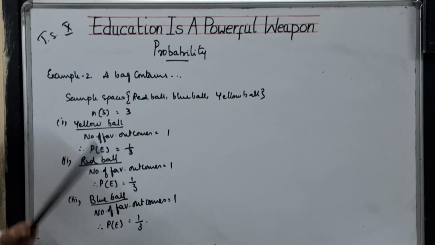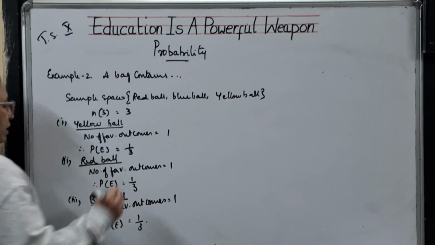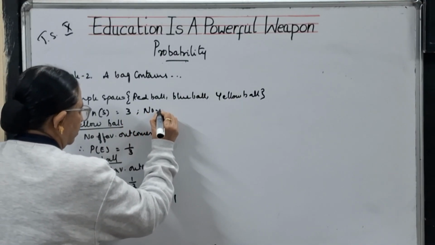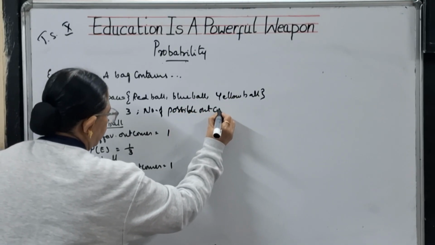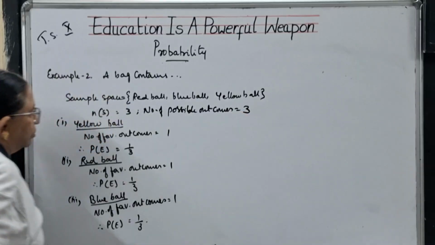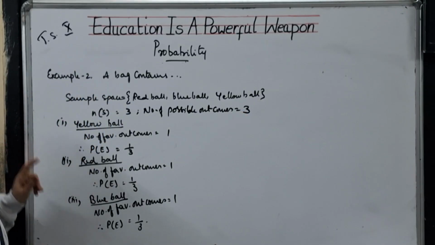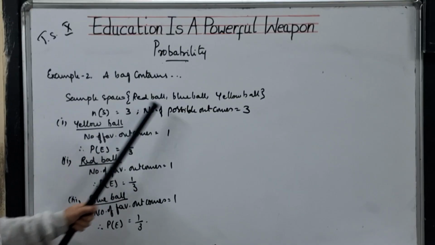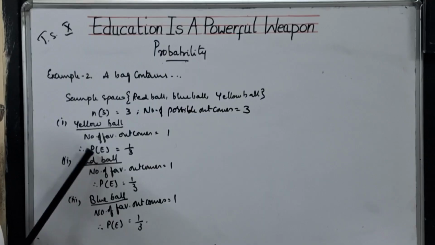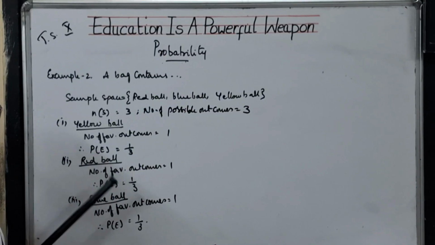When you write it, you will get n of S is 3, which is nothing but the number of possible outcomes. The number of possible outcomes is 3. So we know that the probability of an event is the number of favorable outcomes by the number of possible outcomes. When you are talking about the yellow ball, there is only one. So the probability of the event will be 1 by 3. Similarly, red ball is 1 by 3 and blue ball also is 1 by 3. Please note it down, children.